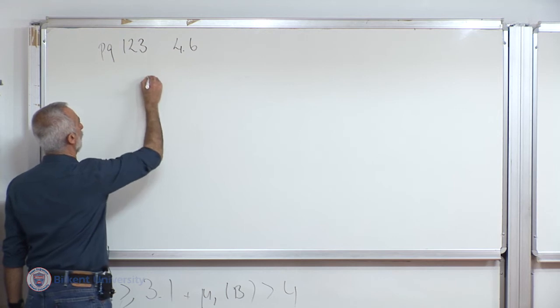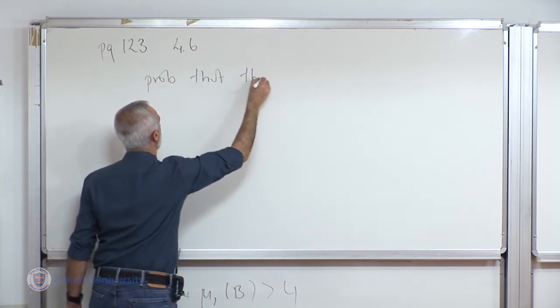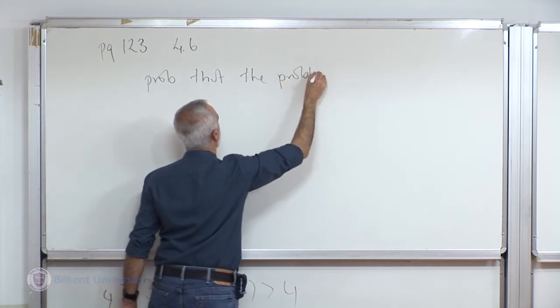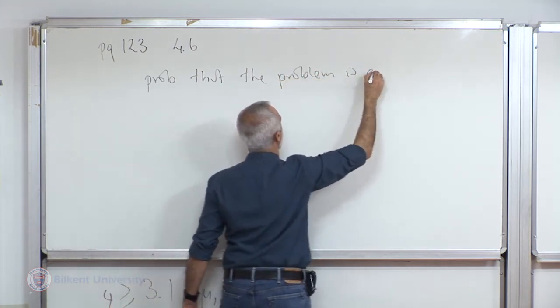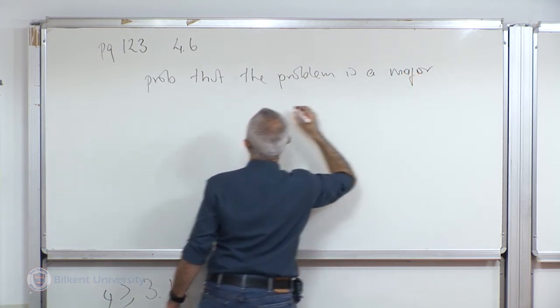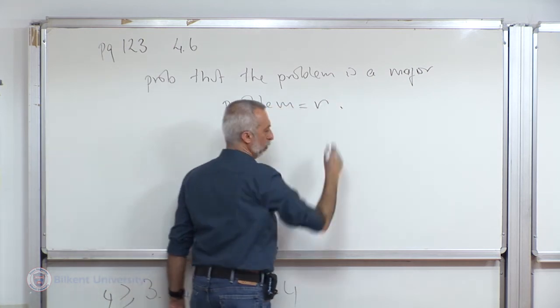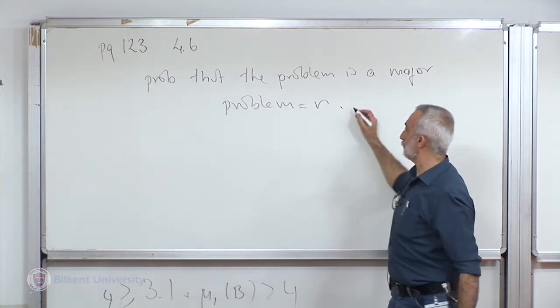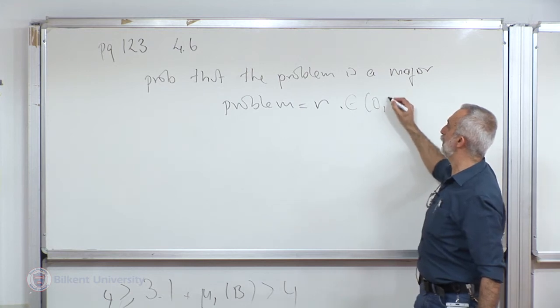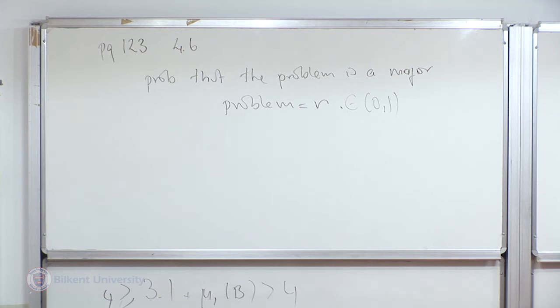So the probability that the problem is a major problem is equal to r, a number strictly bigger than 0 and strictly less than 1.